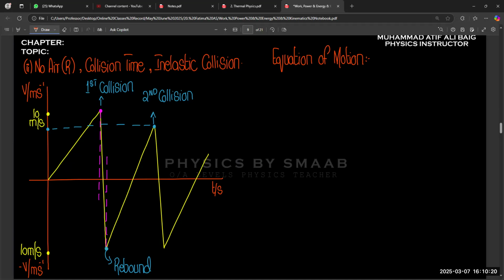Basically, in our syllabus, we consider all states without air resistance. Because if we have air resistance, there will definitely be a curved graphical representation, just like we discussed in O levels and IGCSE, the free fall motion and parachute example.